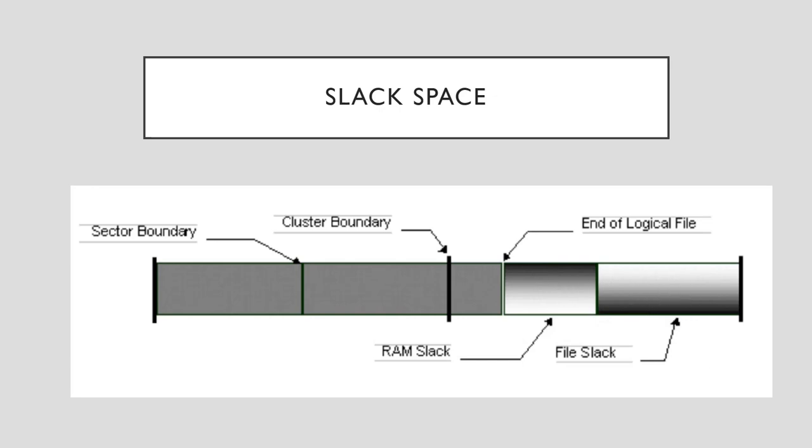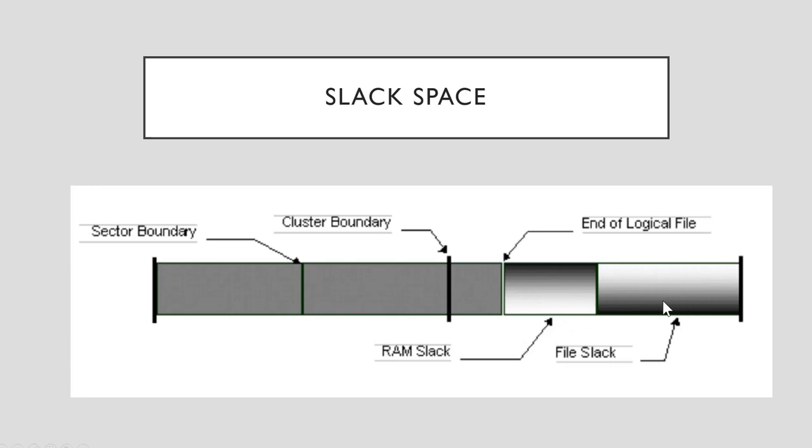The rest of the half-used sector is called RAM slack. Where is it? Here, RAM slack. Why do we call it RAM slack? Because the file system writes random data to that area. So if you're lucky, you can find some passwords or some important files in here.